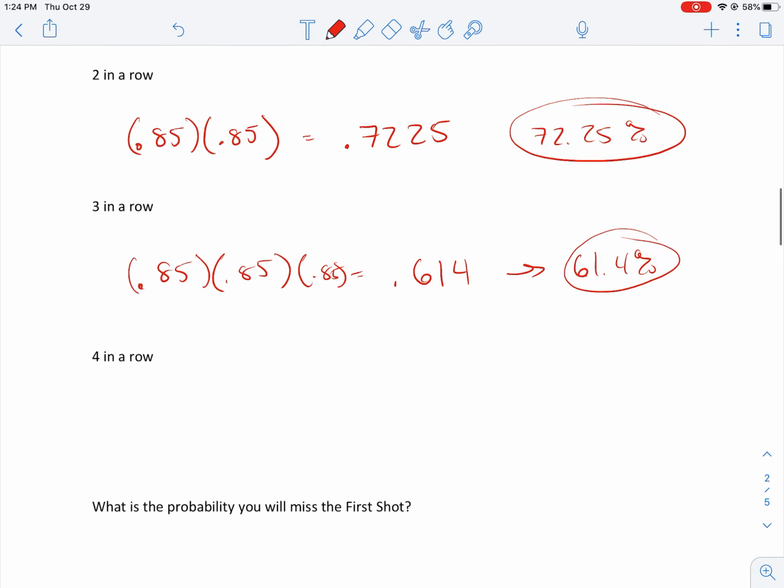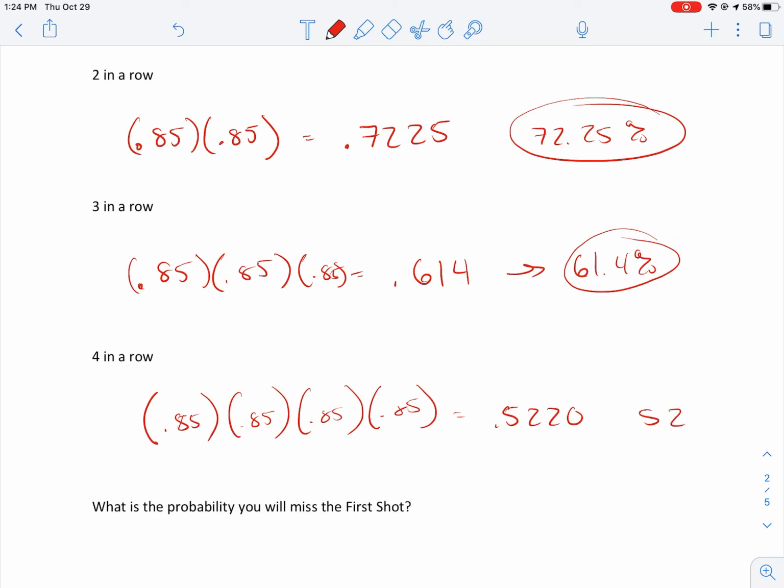Okay, 4 in a row. Same process. Multiply by 0.85 again, and I get 52.2%.